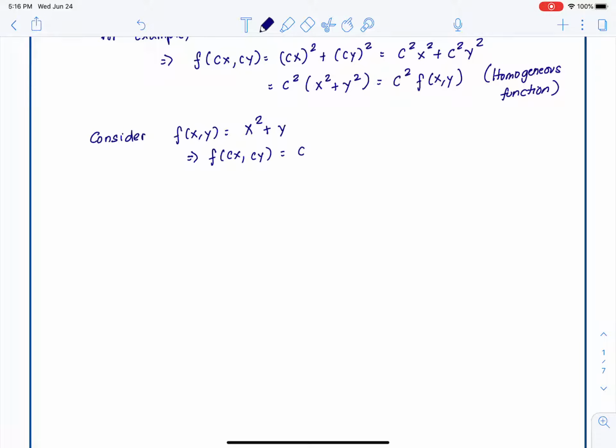Then we will have (cx) squared plus cy, which would give me c squared x squared plus cy. And that cannot be written as c raised to some number times f of x comma y for any alpha. So in that case, this function is non-homogeneous.